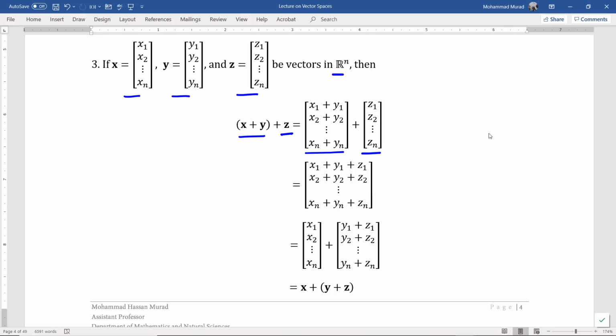The sum gives us this single vector here, which can also be written as the sum of the vector x and the vector y plus z. This concludes the proof of property 3. So we proved the associative property for vector addition.